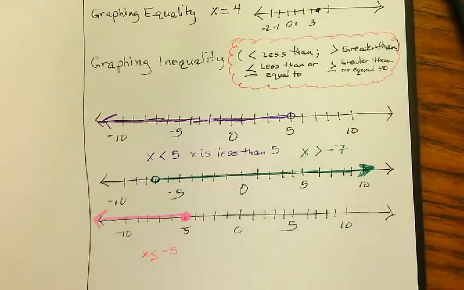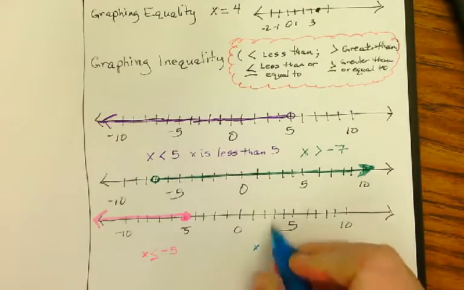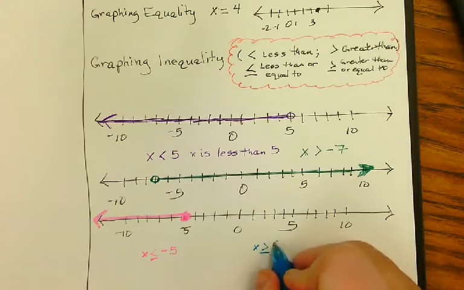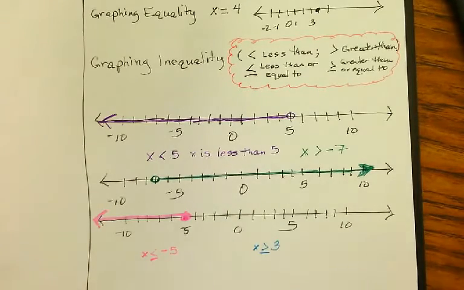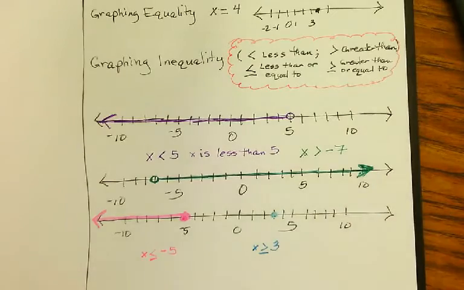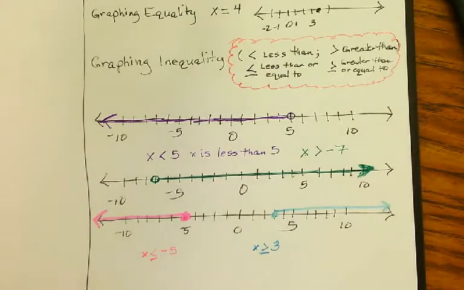All right. So if I say x is greater than or equal to 3, then I'm going to, 1, 2, 3, put a solid dot, and then it's like that. Okay?